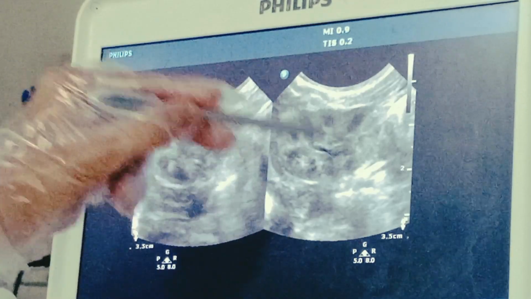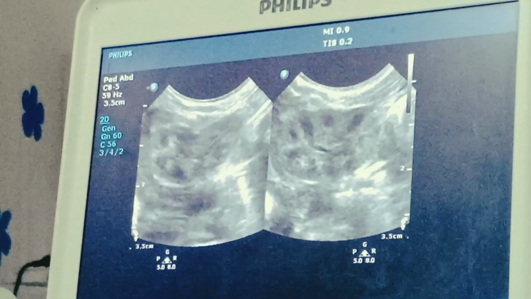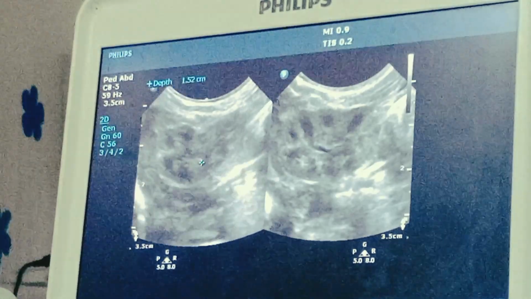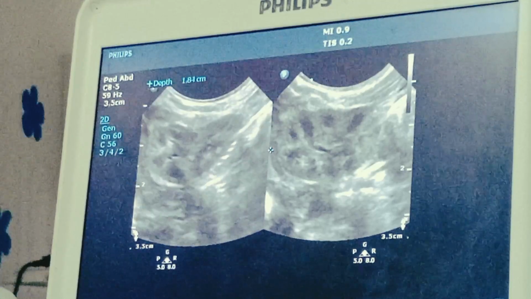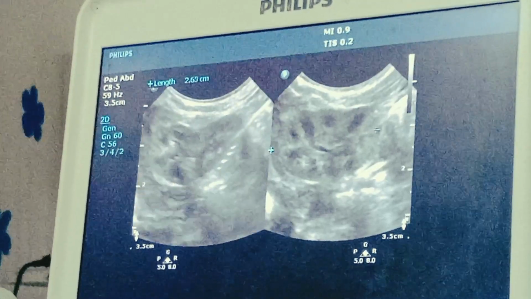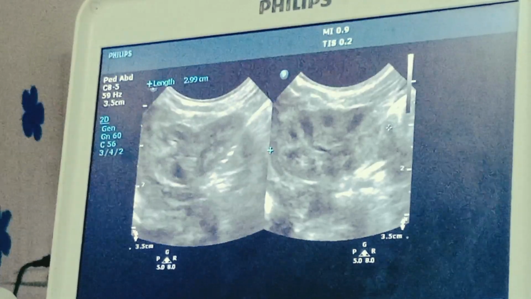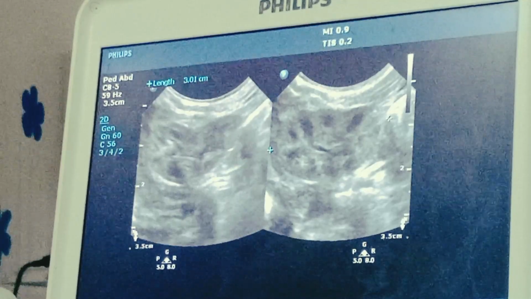And of course, these are the sinuses. So this is how the kidney looks. What will we measure here? We measure the length of the kidney, from this pole until this pole. It is around 3 centimeters.